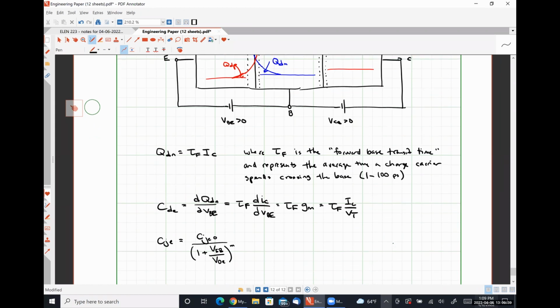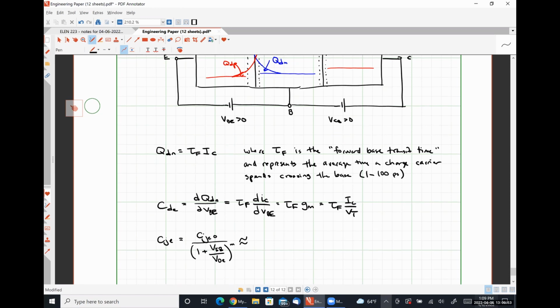All right, so we are going to approximate CJE as twice CJE naught. Let me explain where this assumption is coming from. The quantity VEB right here, which is controlling this capacitance, is a negative quantity because our junction is forward biased.